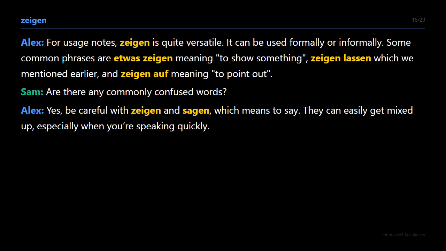Are there any commonly confused words? Yes, be careful with zeigen and sagen, which means to say. They can easily get mixed up, especially when you're speaking quickly.